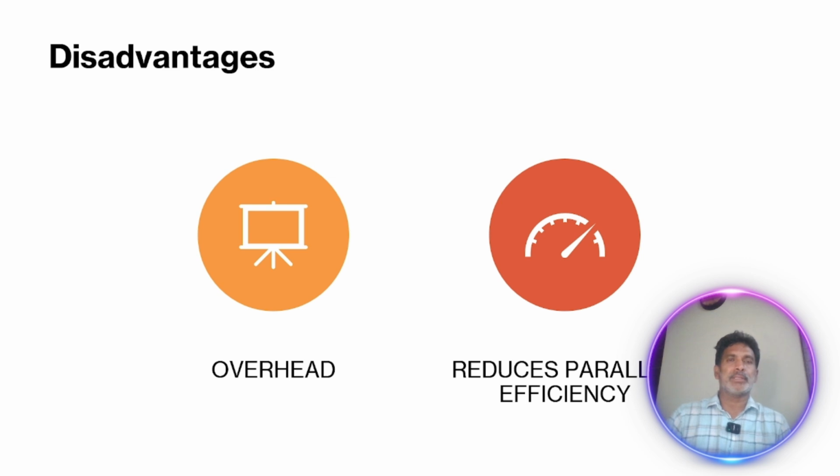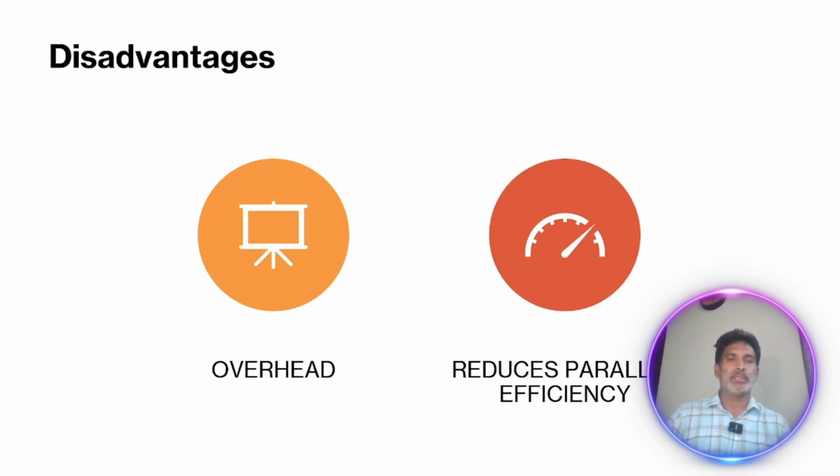The frequent use of synchronization like locks, critical sections, and barriers causes the threads to wait for each other, leading to delays. So increased waiting time, higher execution overhead. So the overall program becomes very slow.